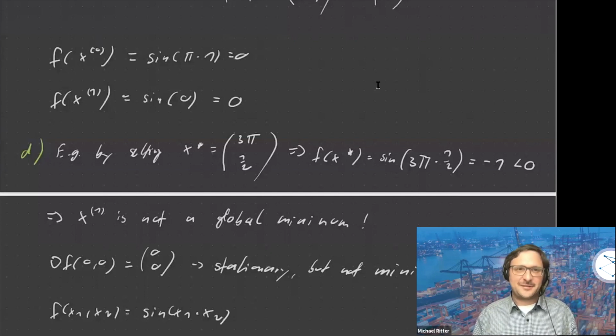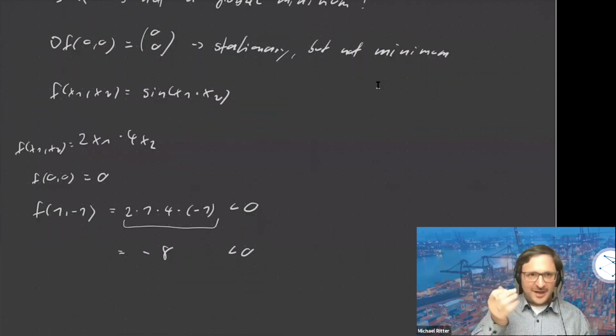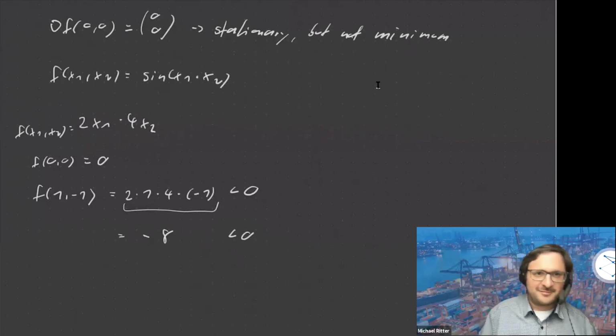So that's from the exam for the summer semester 2017, one of the 2 exams there. That's an exam question. And many people got that right, apart from part D, if I remember correctly. So that seemed to be complicated. In the last part, people often argued with the gradient, and of course you don't get anywhere if you argue with the gradient.